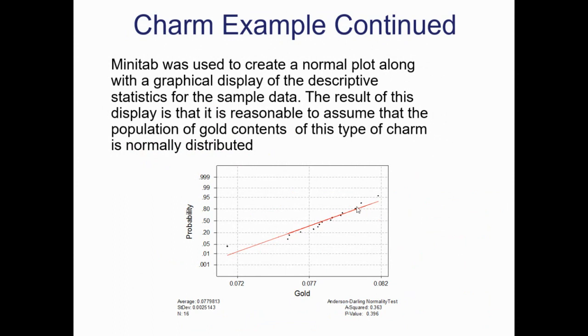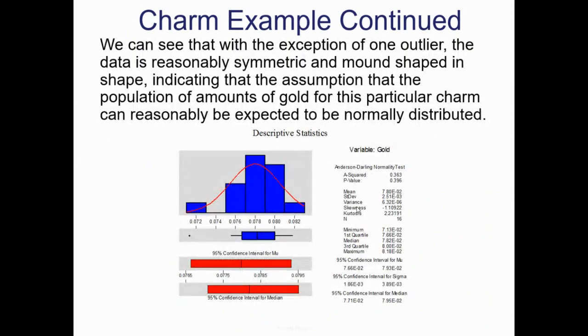Good. We're also going to assume that they're randomly chosen. If we look at a box plot, the reason we went on with the normal probability plot is because we have outliers on our box plot. So we're like, okay, maybe, maybe not. But the normal probability plot told us we're good to go.